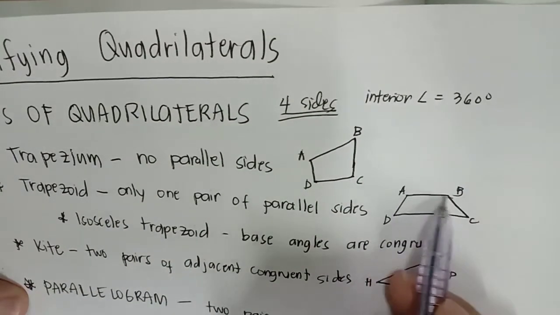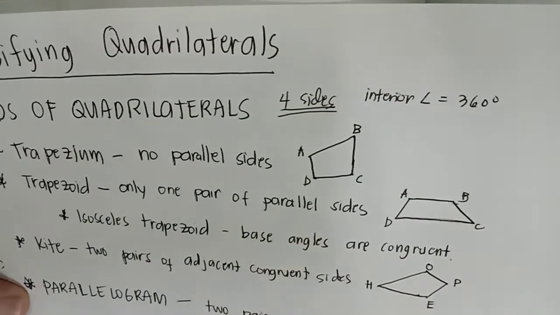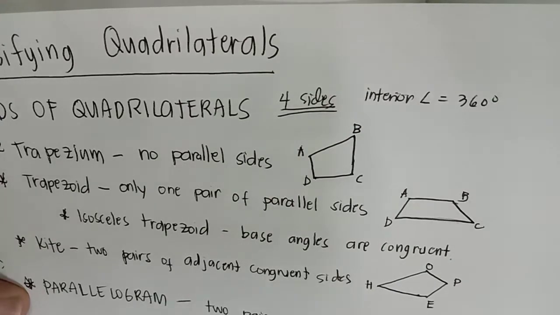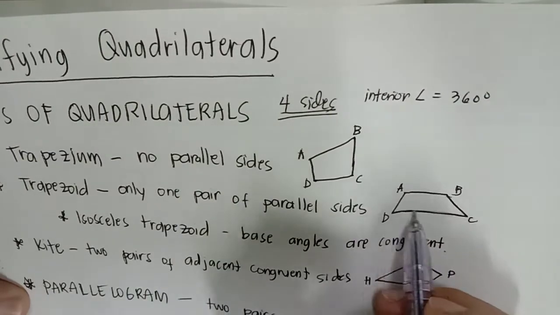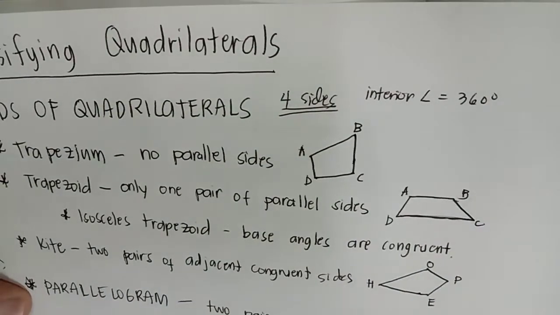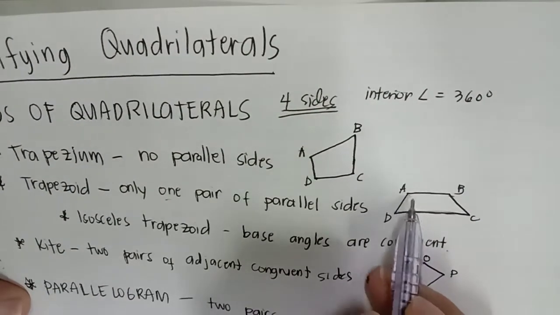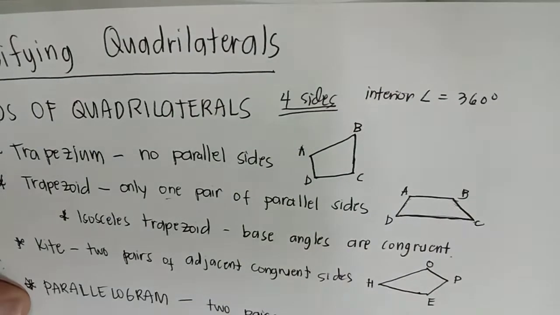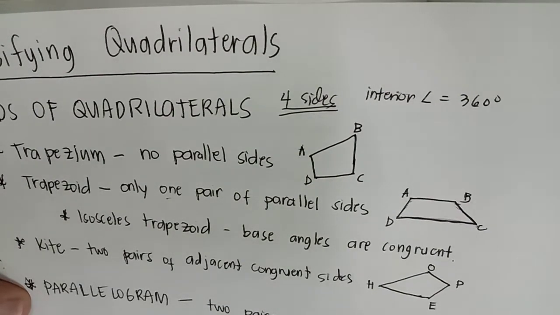Okay? So, yung taas, pati yung baba, that is parallel. Okay? So, that is parallel sides. One pair nga lang kasi itong another side ay hindi po sila parallel.